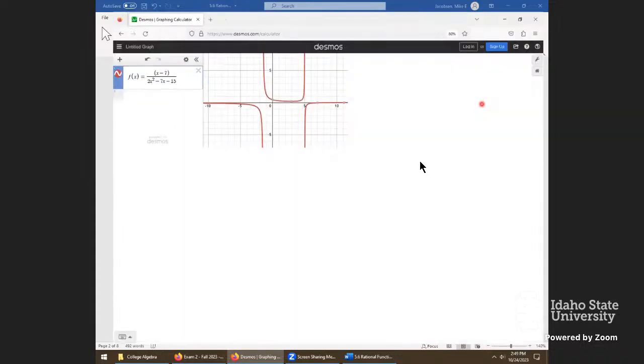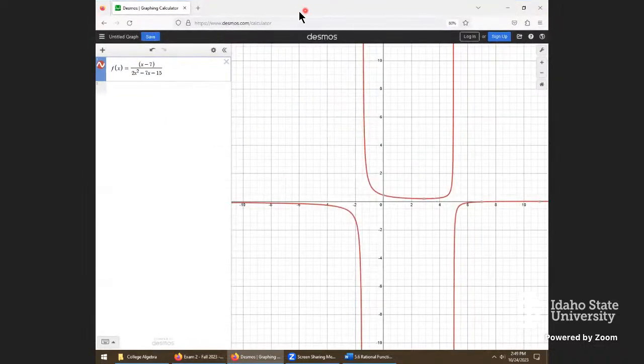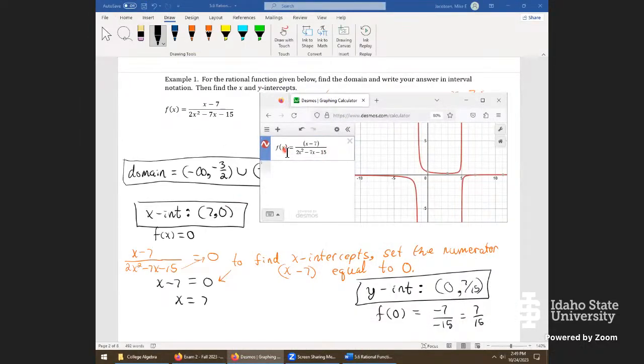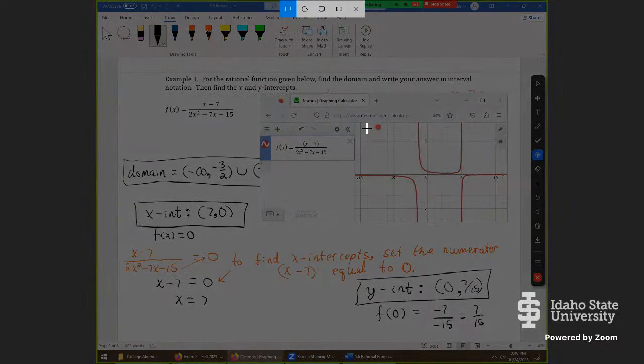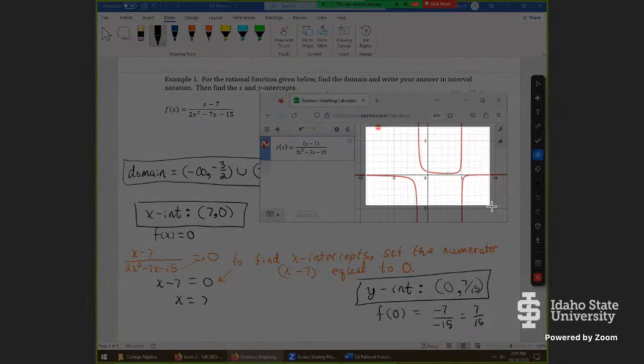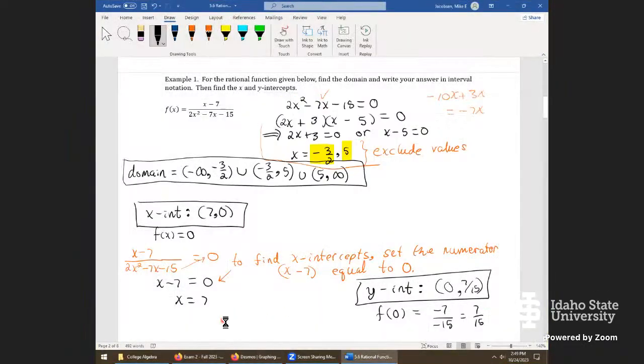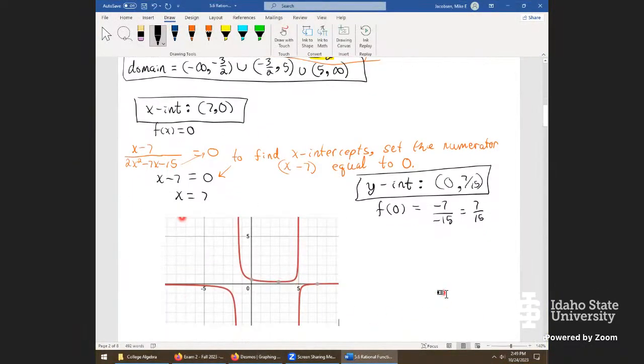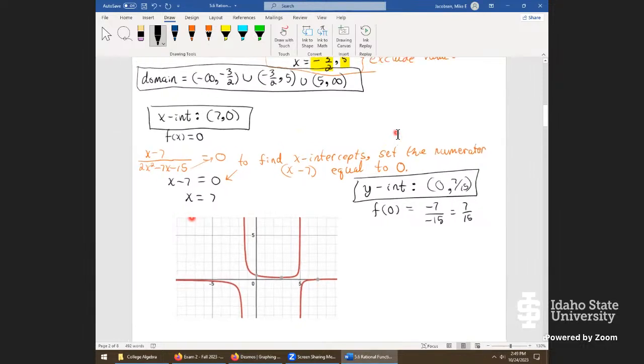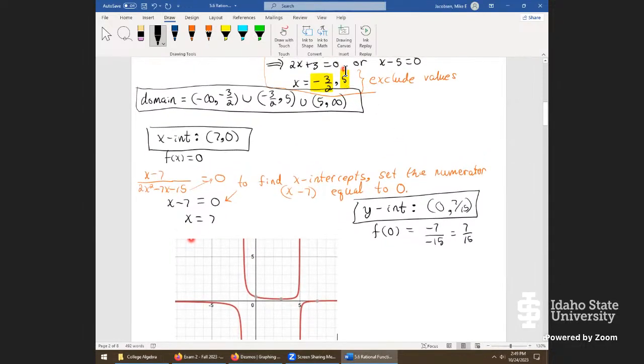Let's see if we can make this slightly smaller. Let's maybe put it right here. And I'd say the biggest takeaway with doing this kind of work is what was happening with the domain, and as well what was happening with those excluded values.